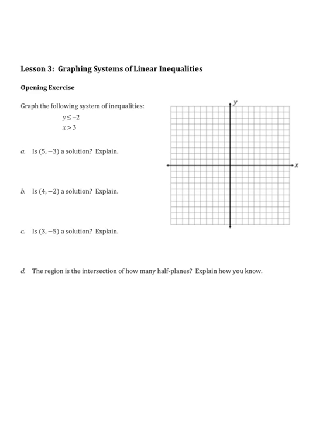So y is less than or equal to negative 2. We're going to graph that line as though it was equal to negative 2. So where y is equal to negative 2 is a line that intersects the y-axis at negative 2.